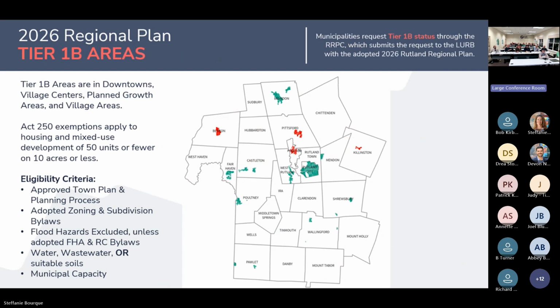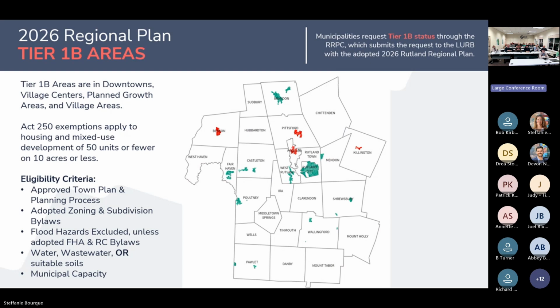In terms of those Tier 1B areas, because that seems to be a significant change under Act 181, the municipalities that are seeking Tier 1B status would do so through the Regional Planning Commission. They'd submit that request through the Regional Planning Commission, and we would make that request on the town's behalf when we submit our adopted plan to the Land Use Review Board.